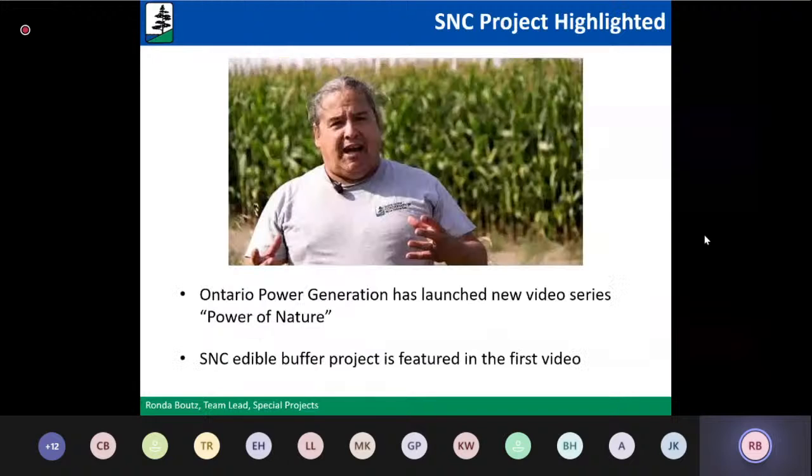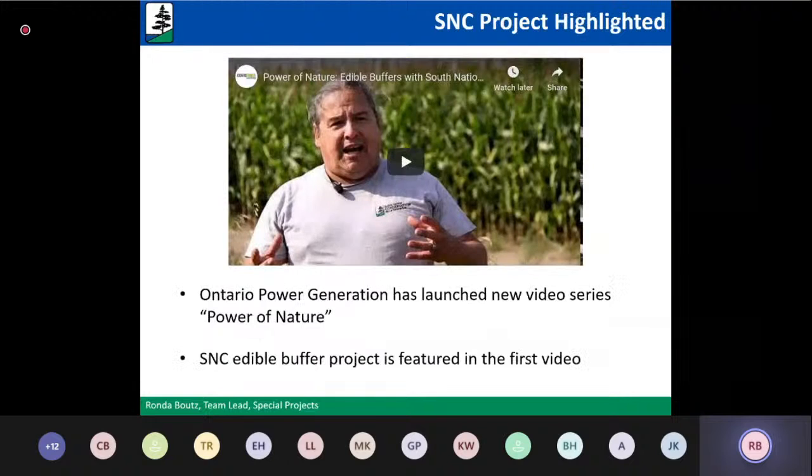My final slide is a highlight on a project that I spoke of last year. It's our Eco Action demonstration sites. You may recall there are 4 sites we planted across South Nation Conservation that really focused on building buffers using edible tree species. We have one in Navan, one in St. Isidore, one near Brinston, and one in Castleman.